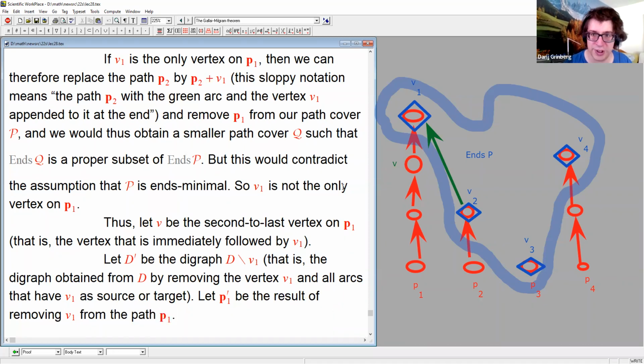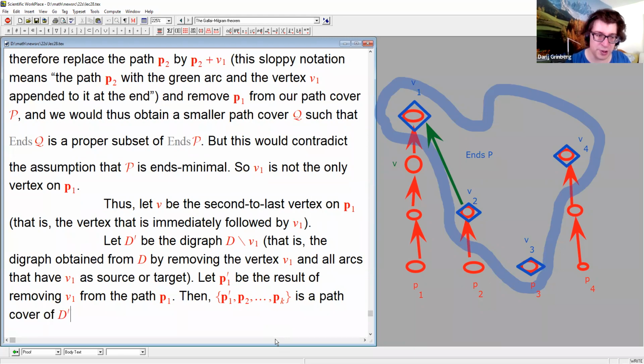So in other words, you just remove the last vertex and the last arc from the first path. Then P1 prime, P2 ... Pk is a path cover of D prime. This is clear. If you remove this vertex V1 and remove it from the path as well, you get a path cover of the smaller digraph.